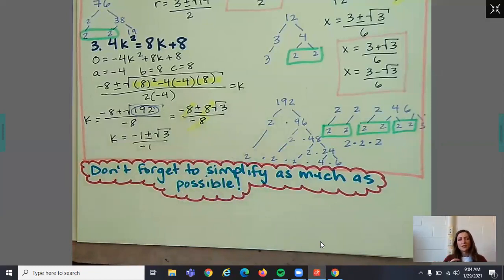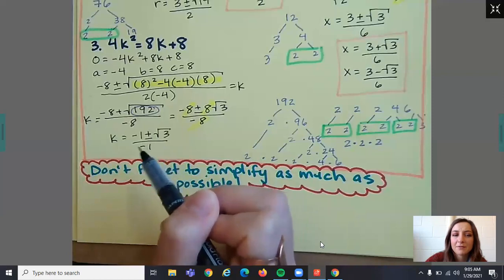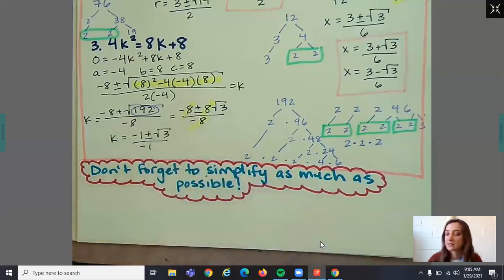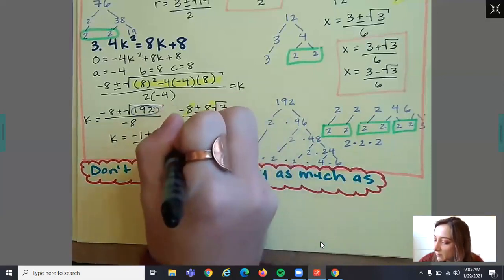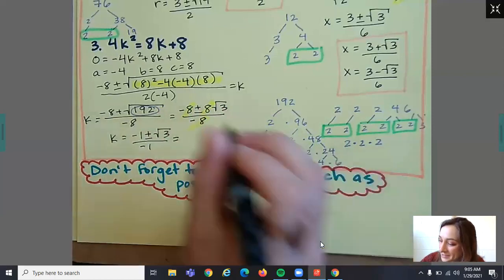This does not look very pretty, though. The reason is that whenever you divide something by 1, you should really just get itself. So I'm going to divide everything by negative 1, meaning I change the signs on these things. Negative 1 divided by negative 1 is positive 1.